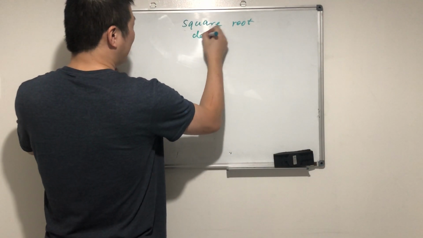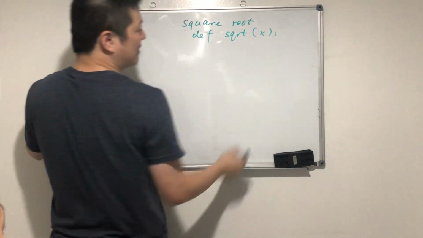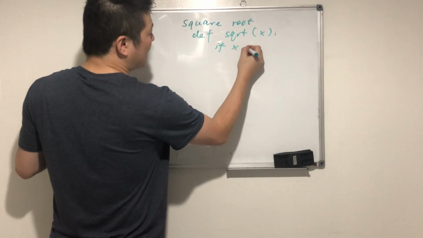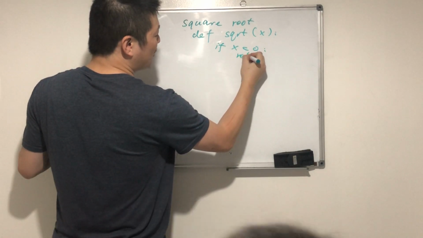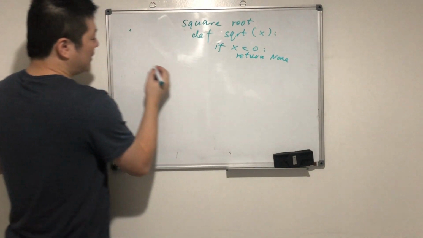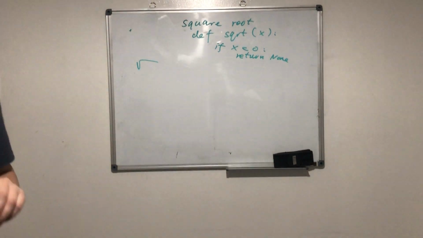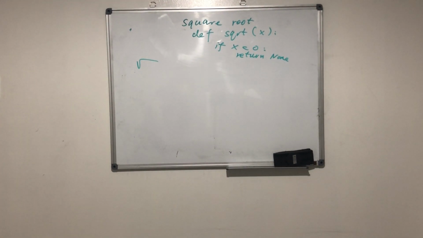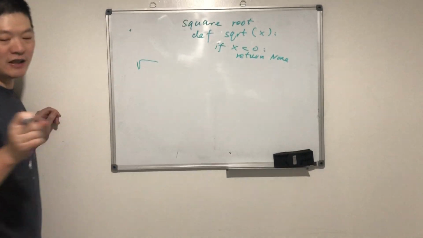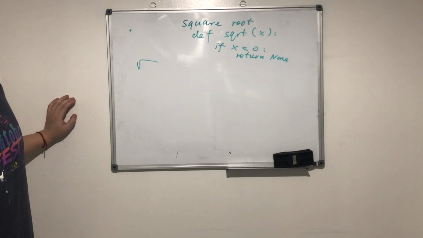Let's do this. Define binary square root of x. If x is smaller than 0, we return None because there's no such value. You cannot find any real number whose square equals a negative.